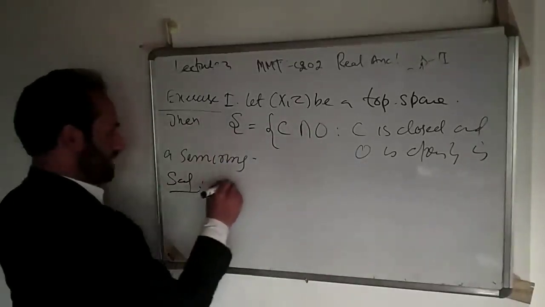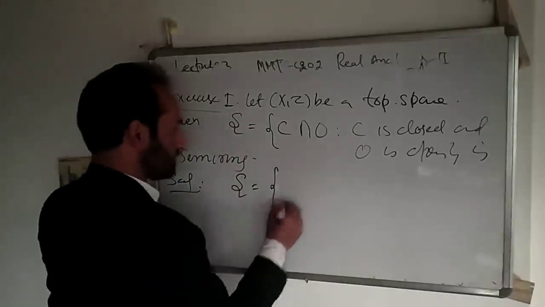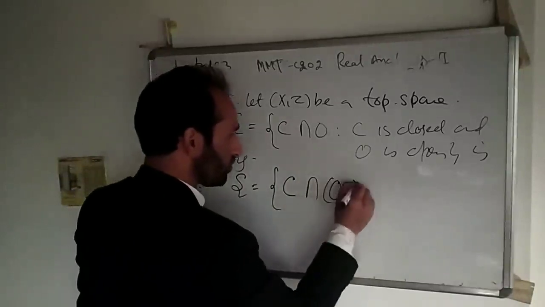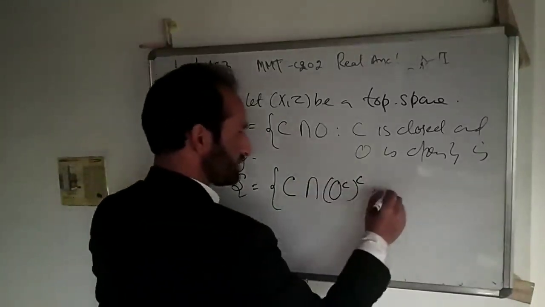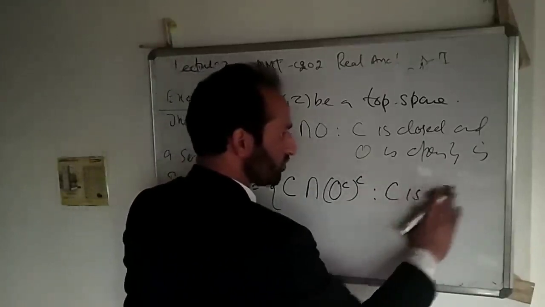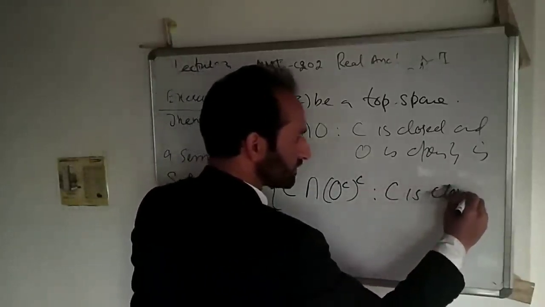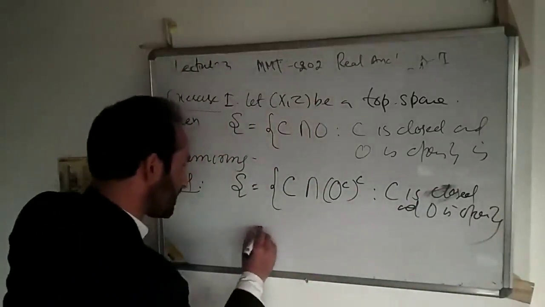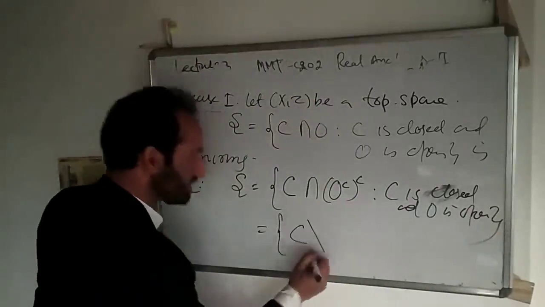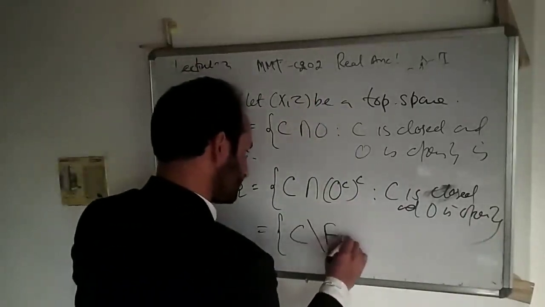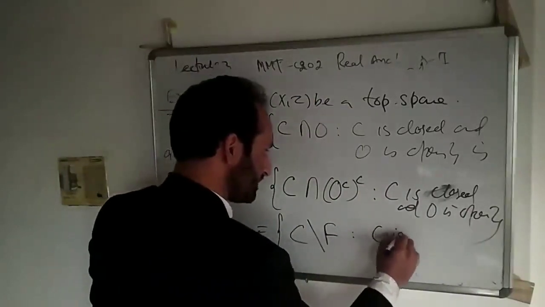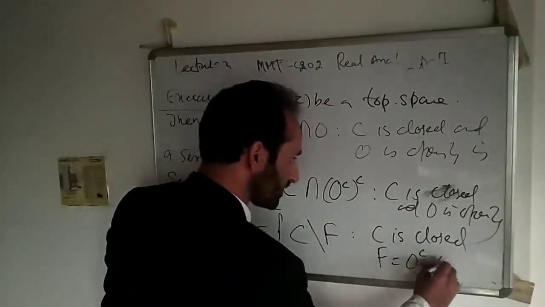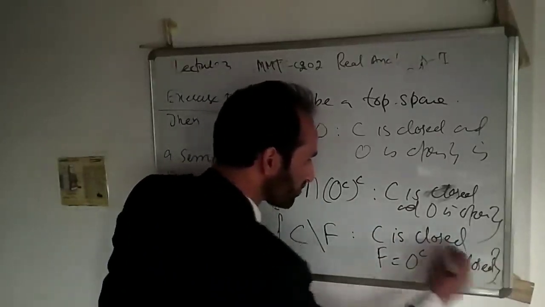So, solution. We can write this as S equal to C intersection O, where C is closed and O is open. I can write this O as O complement whole complement, and this can be written as C minus F, where C is closed and F equal to O complement is again closed.